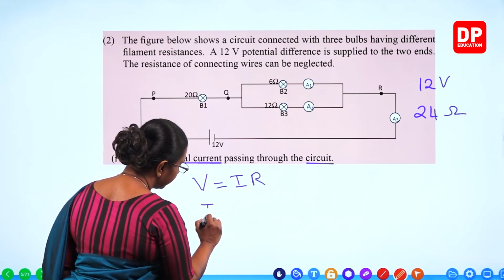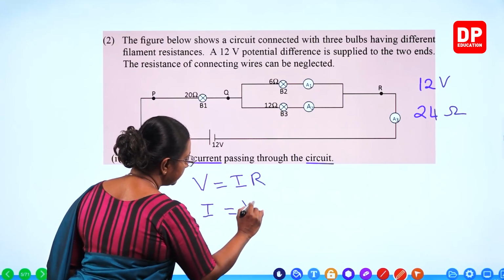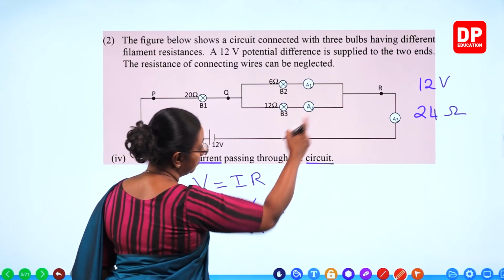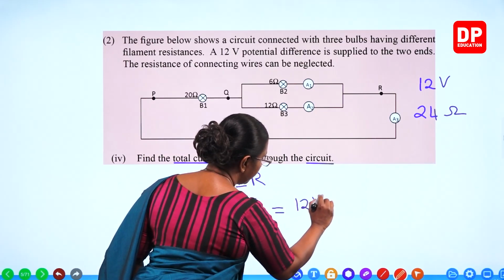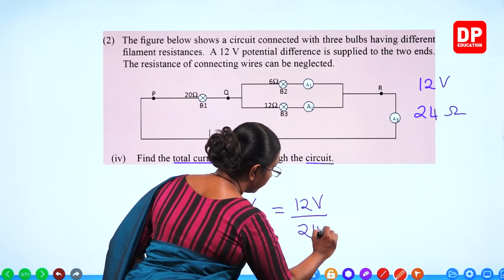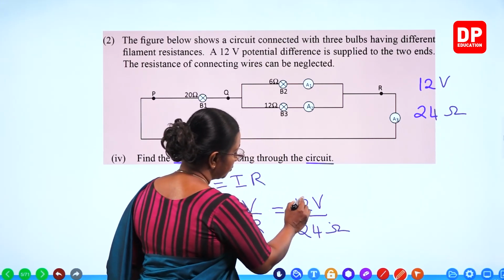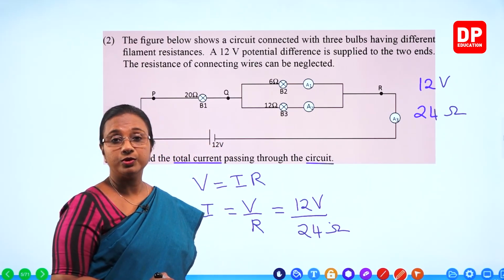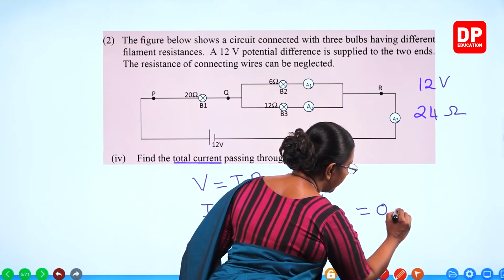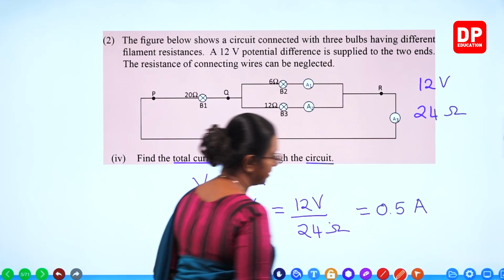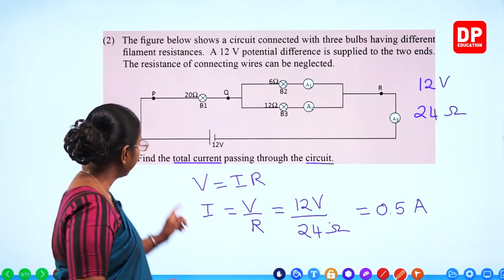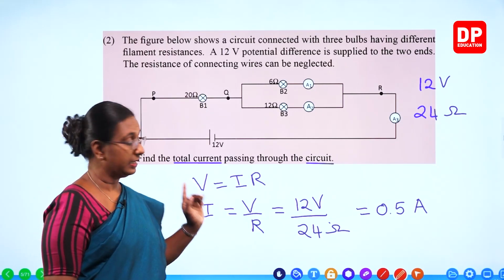You rearrange it, get the equation as I is equal to V over R. So if we substitute voltage 12 volts, equivalent resistance 24 ohms, 12 divided by 24, that is 1 over 2. So it is going to be 0.5 amperes.